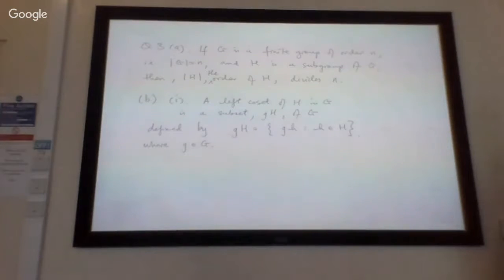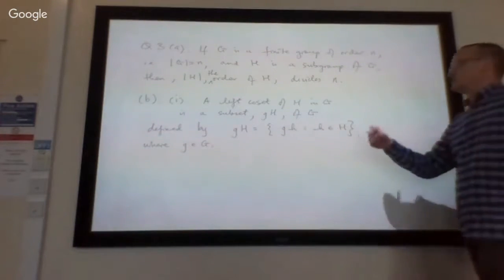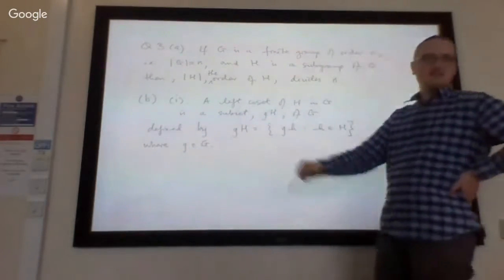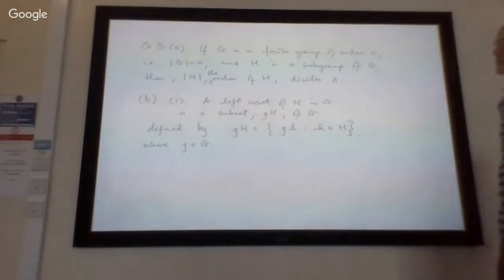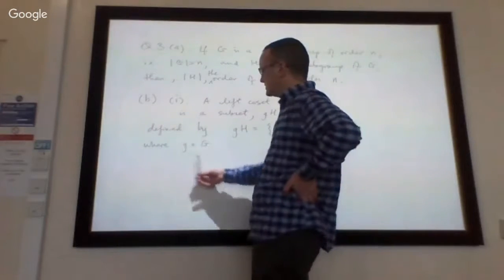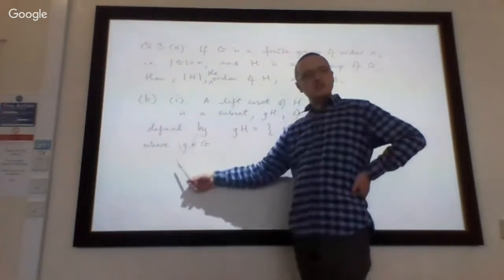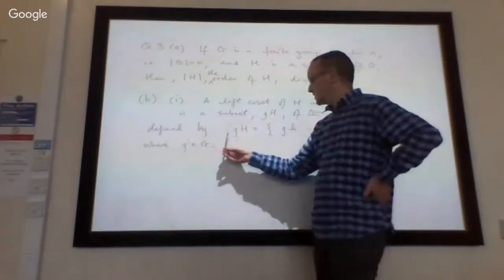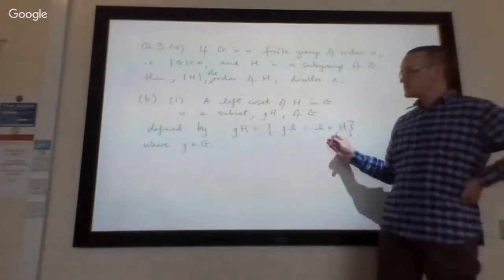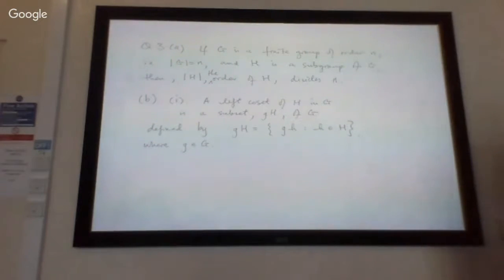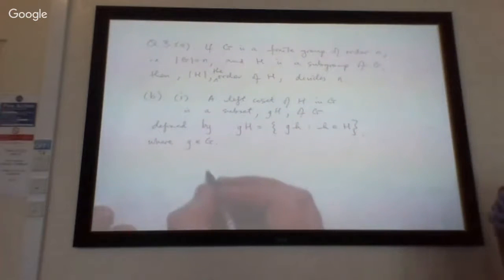A subset of G, given by that definition. I mean, you could word it as the left coset of H in G generated by little g or associated to little g, but that's clear in the way I've written it out there. And because we've just said where little g is in G, there's no restriction mentioned on that. So you can clearly define such things for any element little g in G. Okay, that's the left coset.